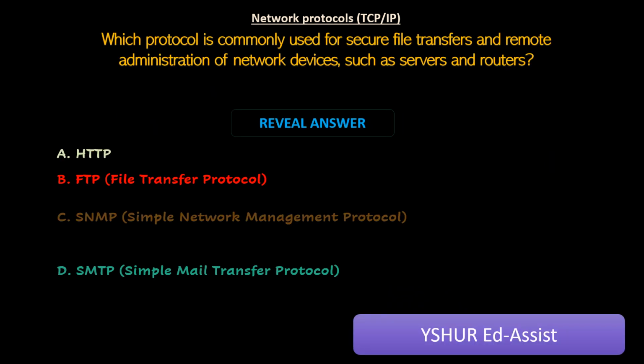Which protocol is commonly used for secure file transfers and remote administration of network devices, such as servers and routers? A. HTTP. B. FTP, File Transfer Protocol. C. SNMP, Simple Network Management Protocol.